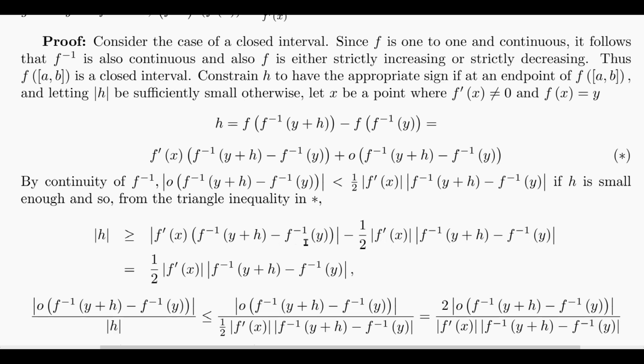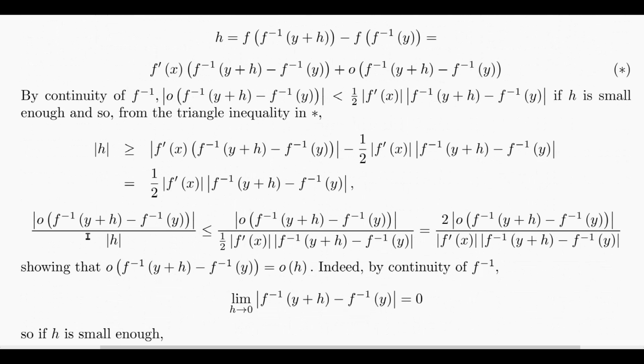And you see this thing minus this thing is equal to this. So now if I look at little o of this difference divided by absolute h, that is smaller than or equal to this expression. What did I do? I substituted this thing for the h. And this thing is smaller than the h, so the expression got bigger. Now simplifying, that gives me this.